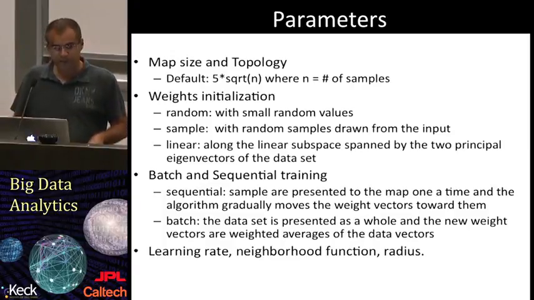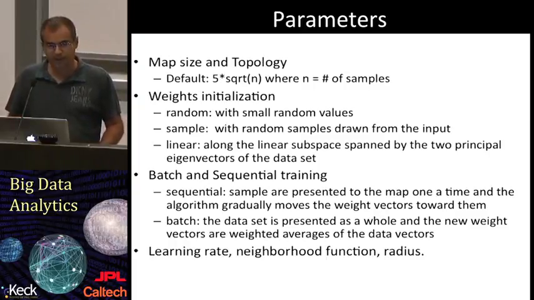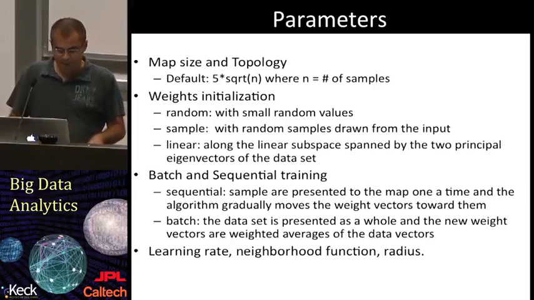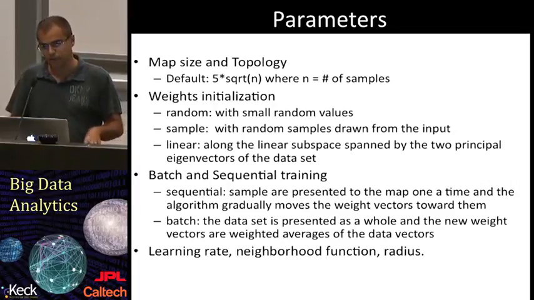Prototypes can also be initialized in different ways, for example, randomly or drawing them from the input data, basically like we have also seen with k-means. And training can be sequential, where samples are presented to the map one at a time, or can be batch, so the dataset is presented as a whole. And then we need to fix the learning rate, we need to choose the neighborhood function and the radii.